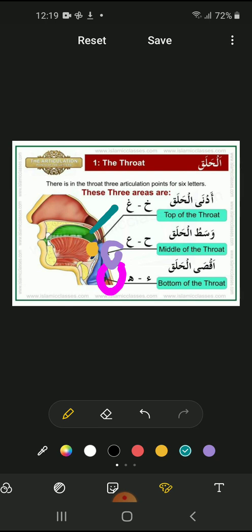So, in case of takhsha, we should not change it to Ghain. And as I told you, there should be air produced, because this is Kha and the Kha includes air. Also, this snoring sound is not very loud, as I told you, or we don't apply what we call in Arabic, al-shakhir.